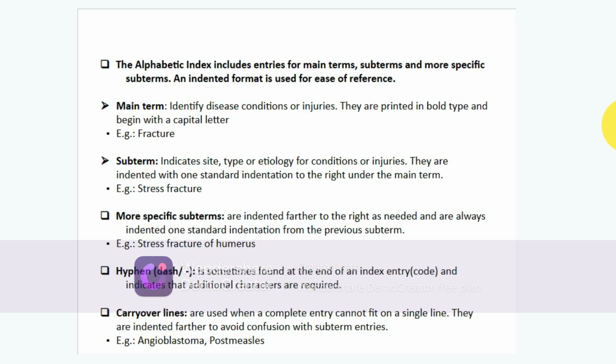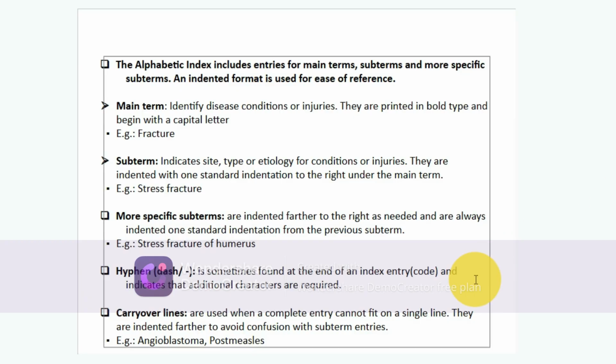A hyphen or dash is sometimes found at the end of an index entry code, and it indicates that additional characters are required. Carryover lines are used when the complete entry cannot fit on a single line. They are indented further to avoid confusion with subterm entries.